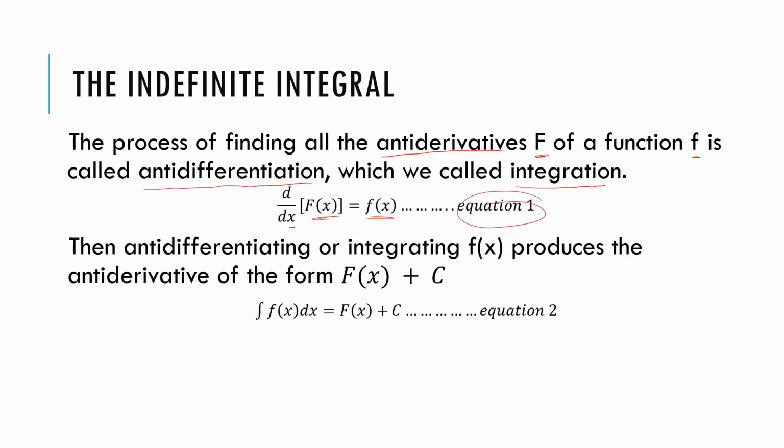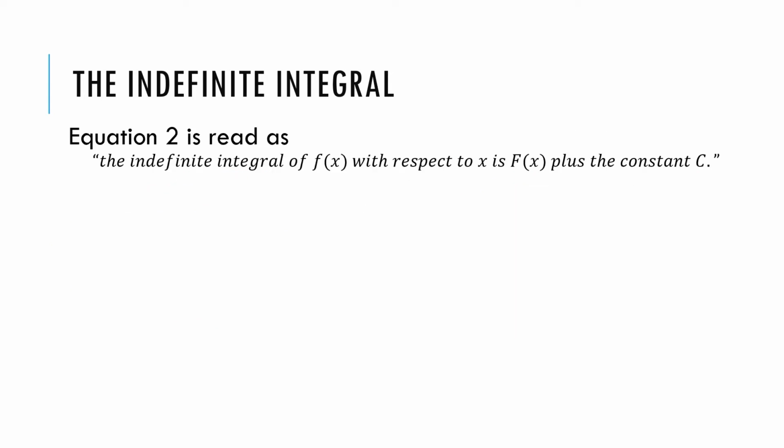Then antidifferentiating or integrating f of x produces the antiderivative of the form F of x plus C. So pag in-integrate mo yung f of x with respect to x, makuha natin is F of x plus C, which is kabaliktaran lang ng equation 1. Guys, it is sobrang kabaliktaran. It's typically vice versa of each other.